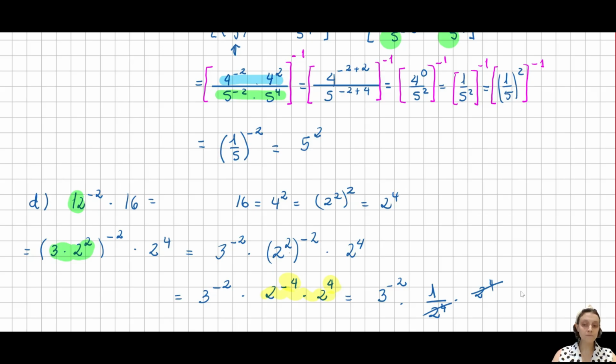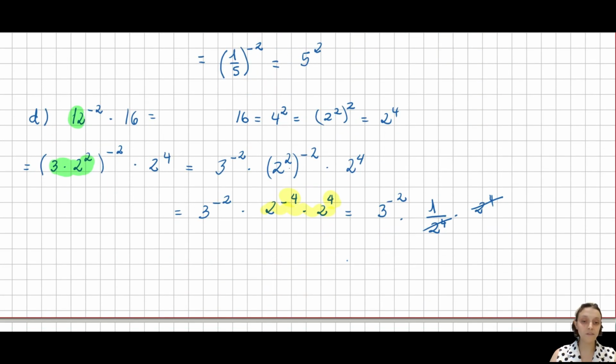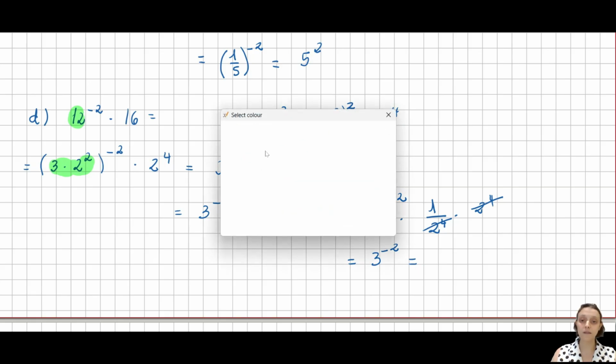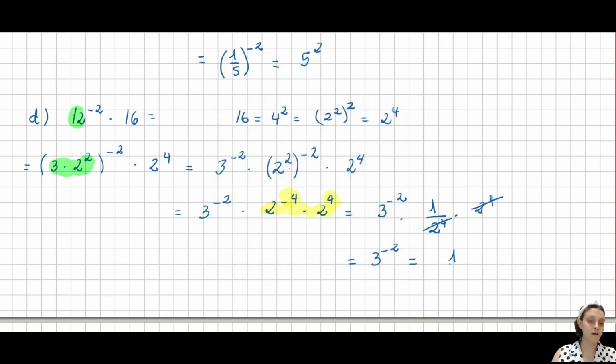And then with this, we would get directly 3 to the power of -2. And as we have a negative exponent, we get the inverse of the base. So the inverse of the base is going to be 1/3. And we're going to keep the exponent.